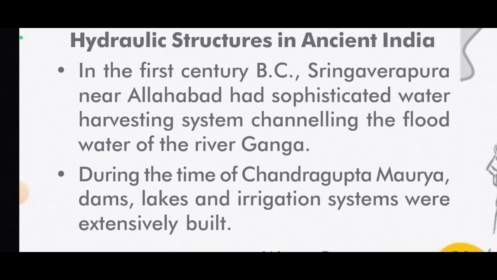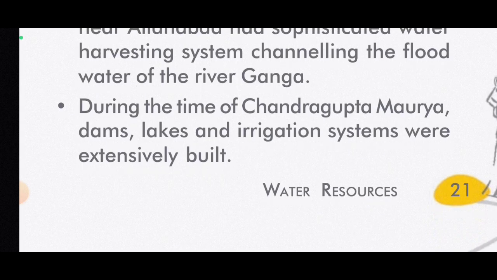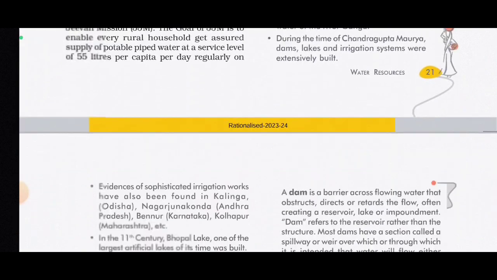Hydraulic structures in ancient India. In the 1st century BC, Sringaverapura near Allahabad had sophisticated water harvesting systems channeling the flood water of the river Ganga. During the time of Chandragupta Maurya, dams, lakes and irrigation systems were extensively built.